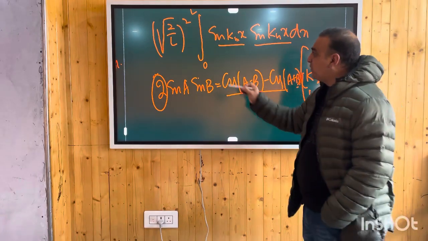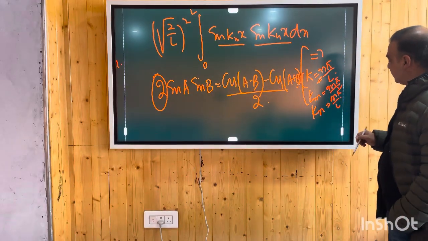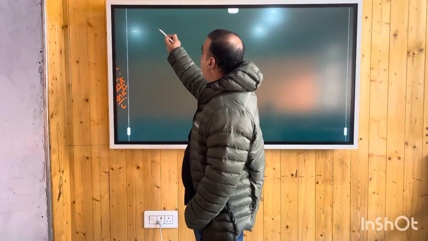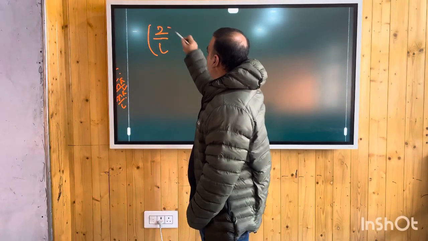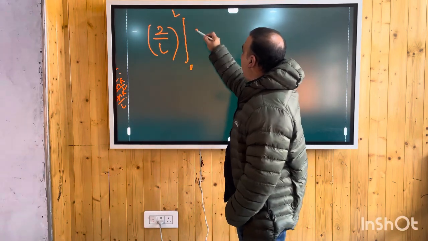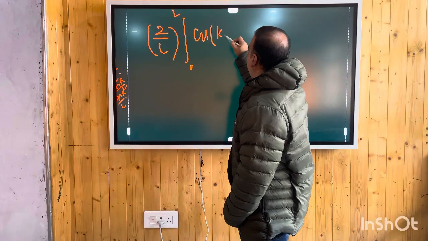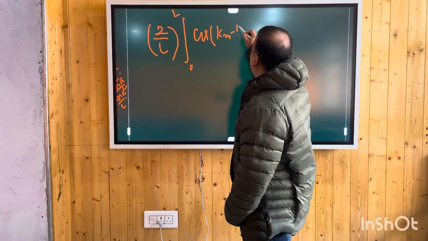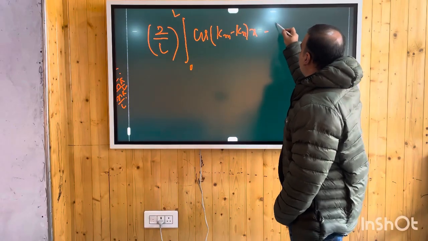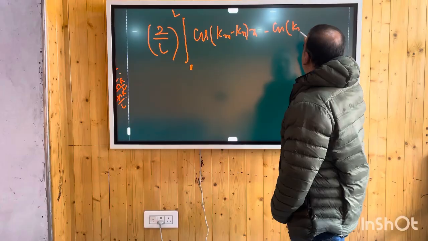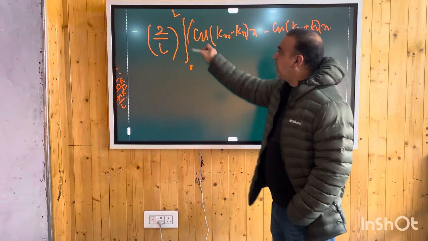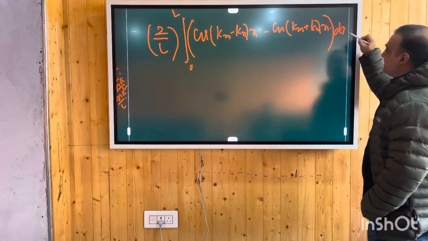This is what we will use in our original integration. So we have 2 by L out, then the integral from 0 to L of cos (k m minus k n) x, then minus cos (k m plus k n) x, whole multiplied by dx.